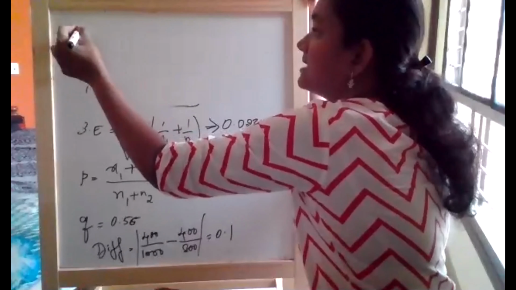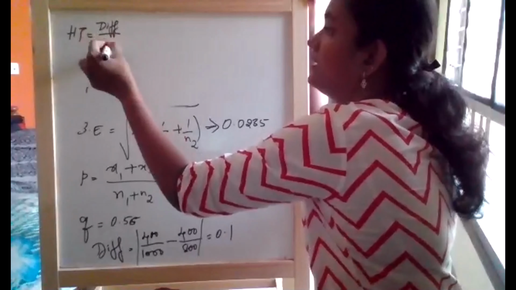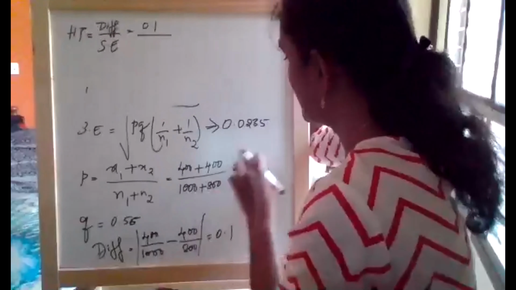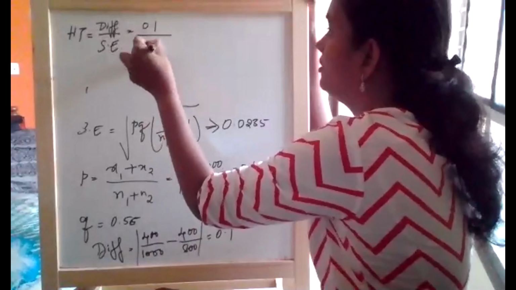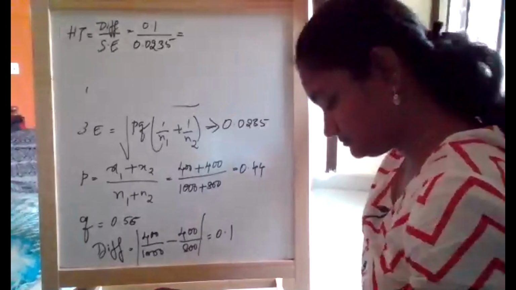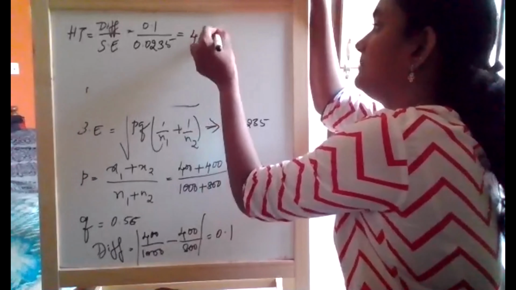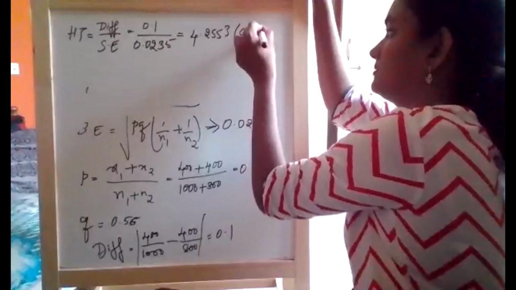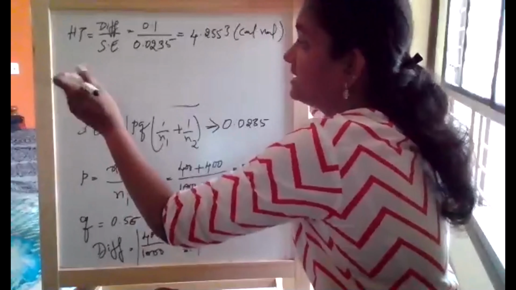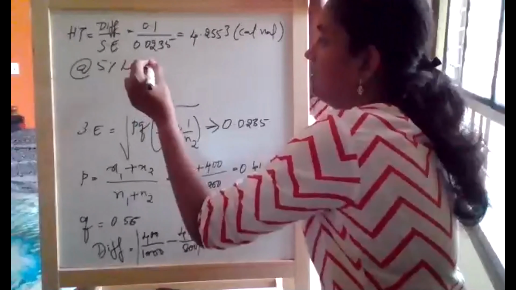Then, substituting in the hypothesis test, difference divided by standard error: 0.1 divided by the standard error 0.0235. The value is 4.253. Again, in this question they didn't mention the level of significance, so we can take a 5% level of significance.